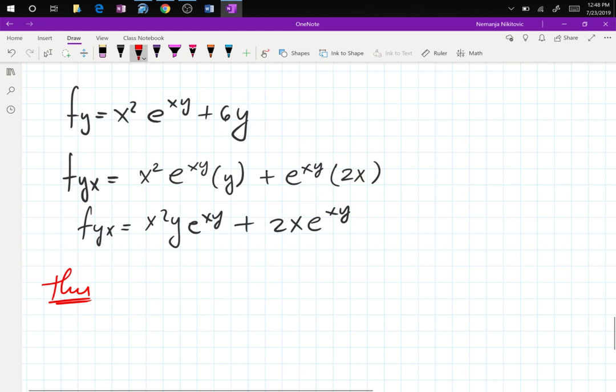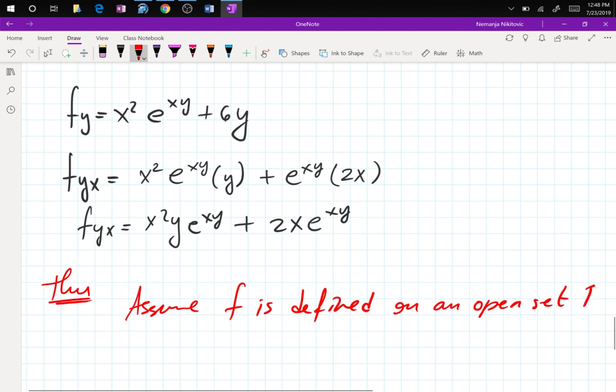So that's a theorem that will greatly help you later on to reduce your calculations. The theorem says, assume f is defined on an open set D. That means it has a domain in R2, right?